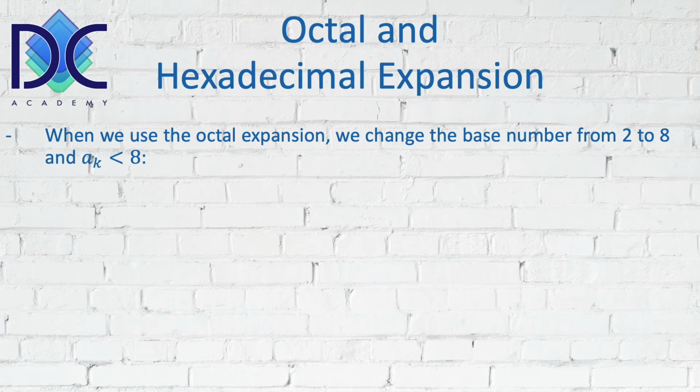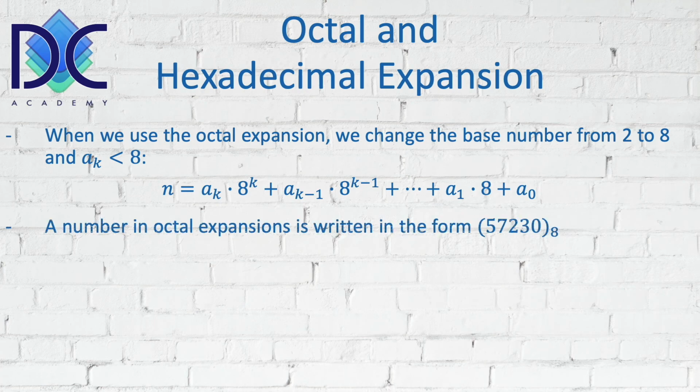Now let's have a look at the octal and the hexadecimal expansion. When we use the octal expansion, we change the base number from 2 to 8, and the coefficients have to be smaller than 8, so we have from 0 till 7. When we write the formula now, we see that the powers of 2 have been replaced by the powers of 8, which basically is the same expression, only we change the base number.